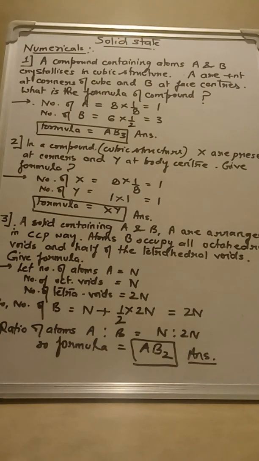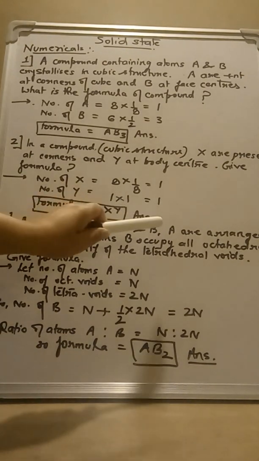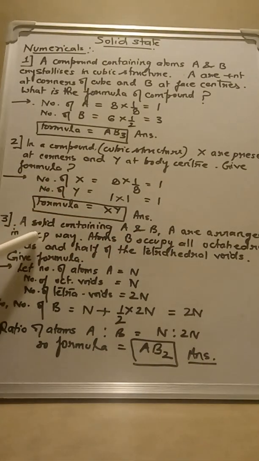So in the solid, elements A and B are there. Before you proceed, you should understand and remember that the atoms A are arranged in CCP way. It's actually the anions which are arranged in a particular way, CCP or HCP, and it is the small size cations which occupy the voids.